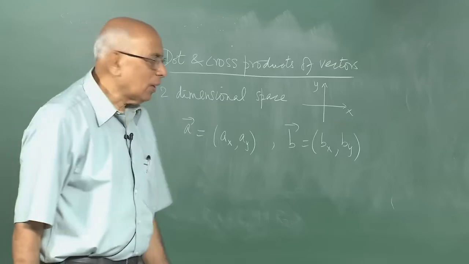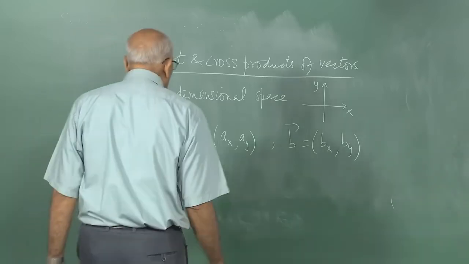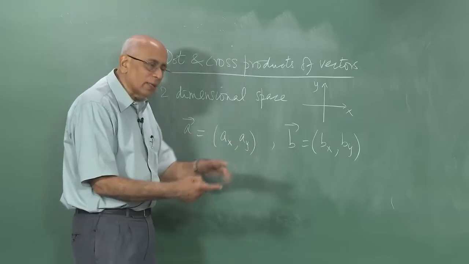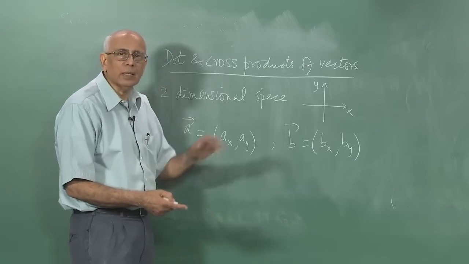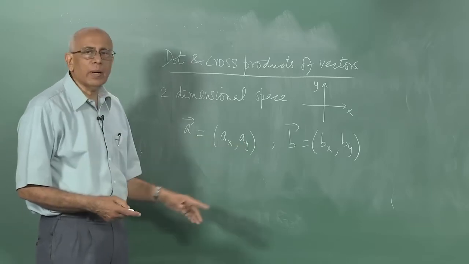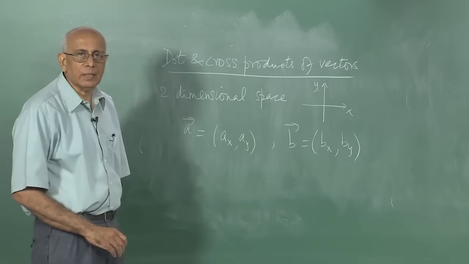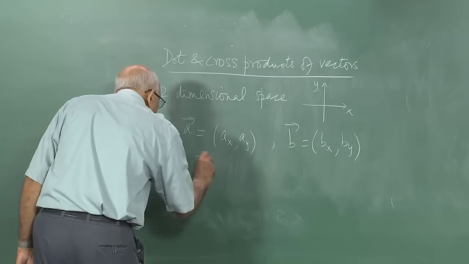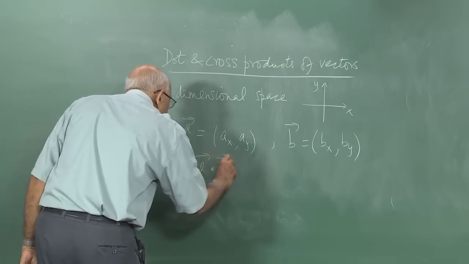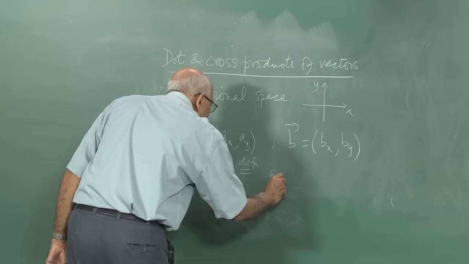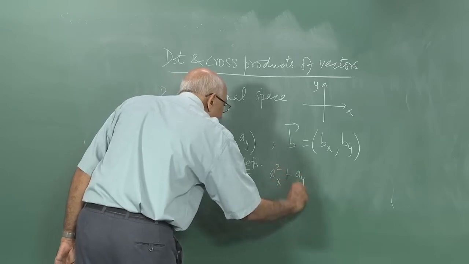We have already seen how to do that in the simplest case. I already pointed out that a_x and a_y transform exactly like x and y under an arbitrary rotation keeping the origin fixed, and that a_x squared plus a_y squared is unchanged, it is a scalar. So the rule of the game is that A dot A is defined as a_x squared plus a_y squared.